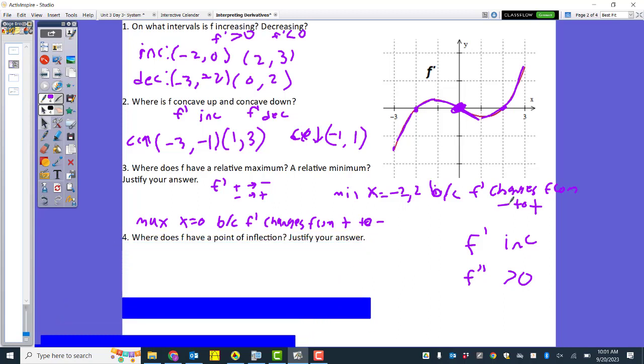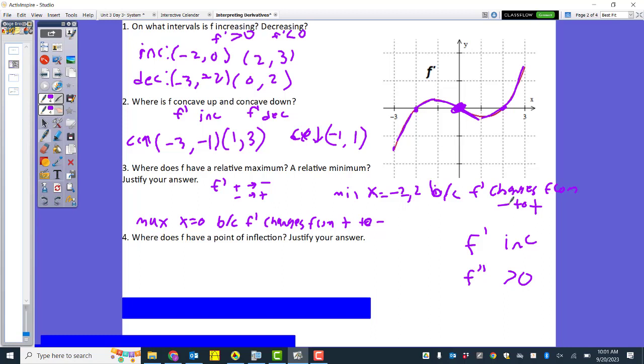All right. Where does f have a point of inflection? Well, if we look back to where we had the concave up and concave down, f double prime has to change signs for a point of inflection, so f prime has to change from increasing to decreasing or decreasing to increasing. So we're going to have a point of inflection at any max or min on f prime.